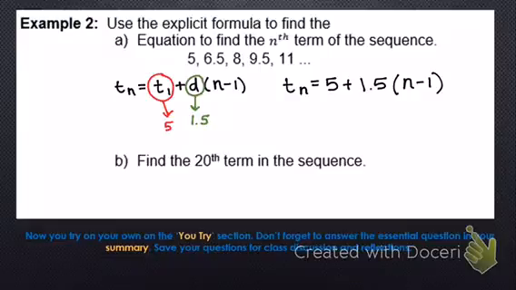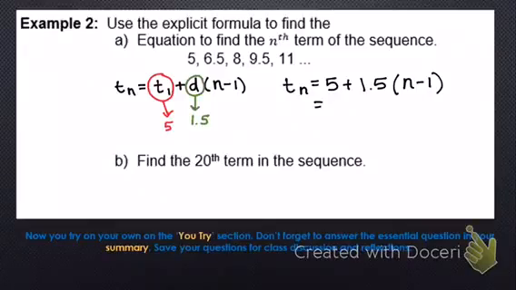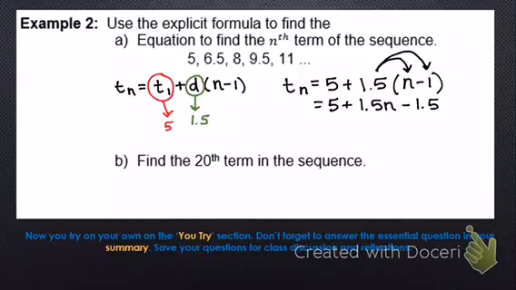Okay, so going through the steps in order to simplify, we're going to have 1.5 being distributed into our parentheses, and that's going to give us 5 plus 1.5n minus 1.5. So our first step of simplifying is to distribute, and then our second step is to combine our like terms, which would be 5 and negative 1.5.